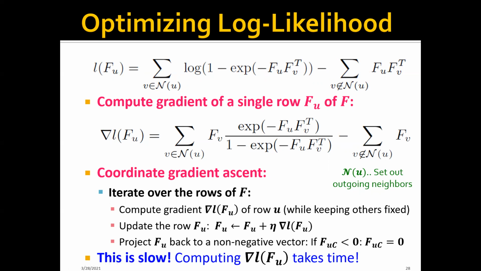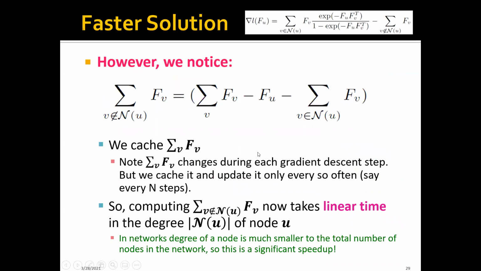And note that this is actually very slow. And the reason is that computing this gradient takes a lot of time. And why? This is basically because when you're computing the second term, it actually involves the summation of a lot of FV here, because you always have many more non-neighbors than neighbors.